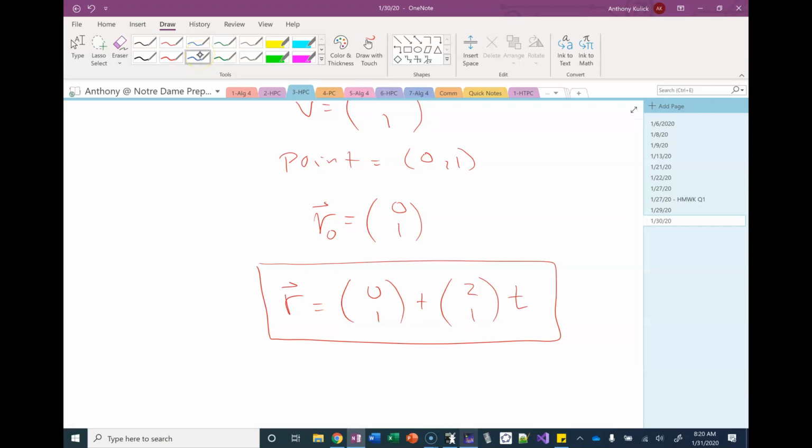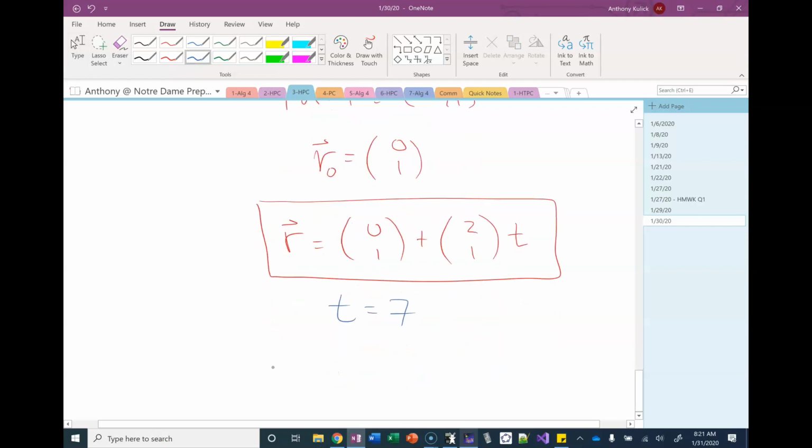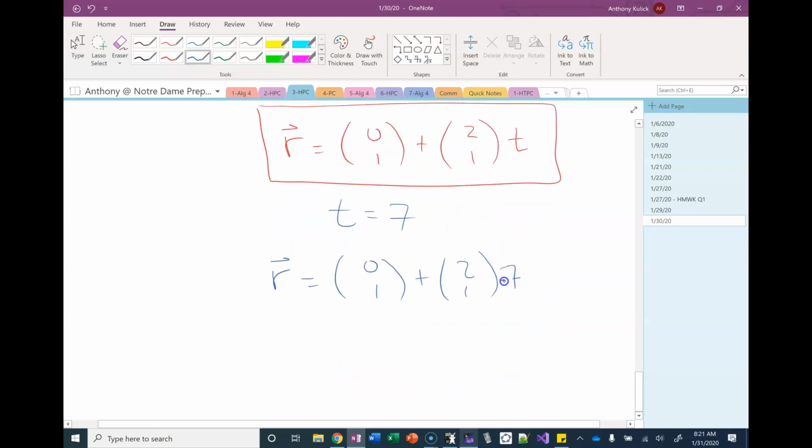So how do we use this vector line equation to generate points? We're going to pick values for t, and those values for t are going to generate the points on our line. So for example, let's pick a value for t. 7. Okay. So over here, what type of multiplication is going on between this vector and the number 7? Scalar multiplication. How do we do scalar multiplication?